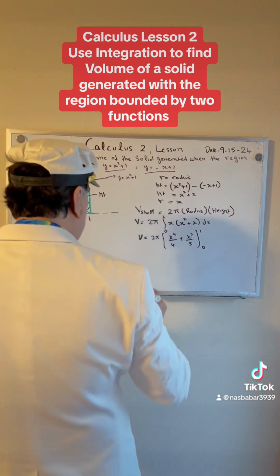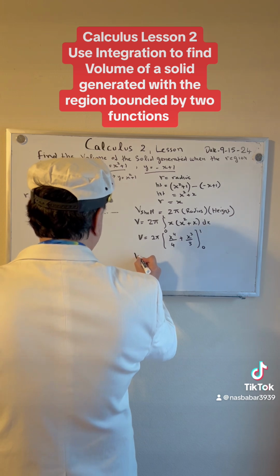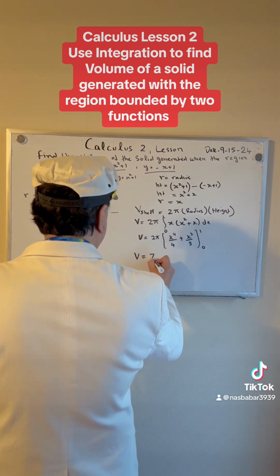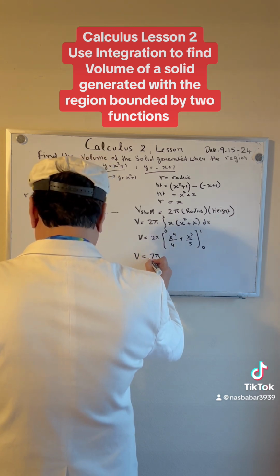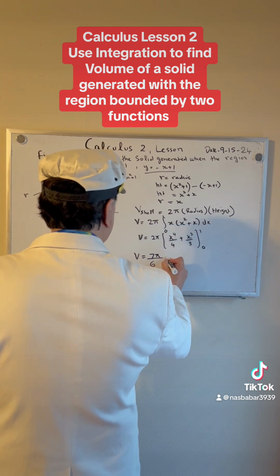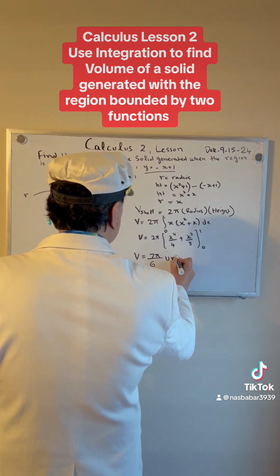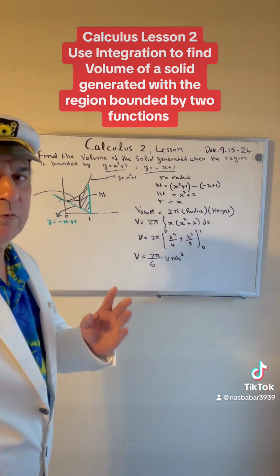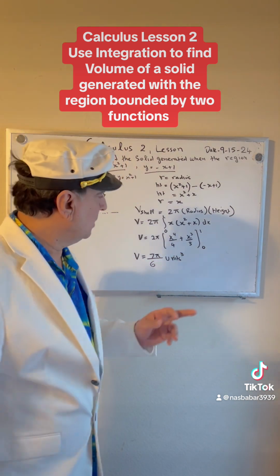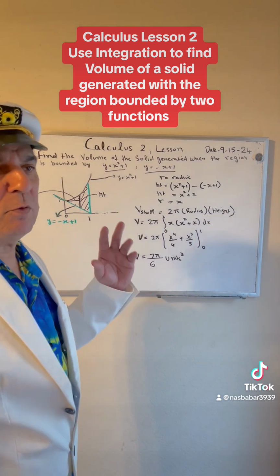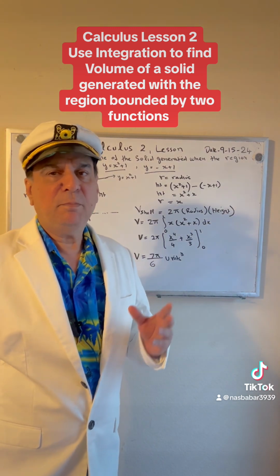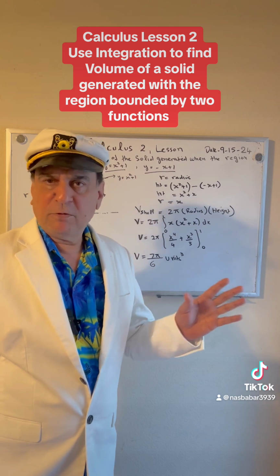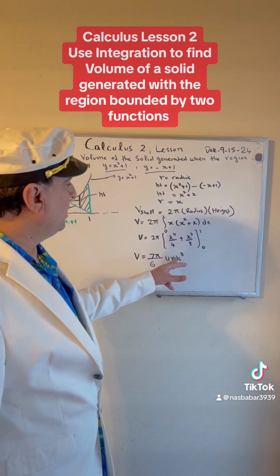Once you do that, you get the volume, which is equal to 7 pi over 6 units cubed. Don't forget to put the cube. Your professor might take some points off because for volume, no matter what the unit is, meter, feet, whatever, you have to put the unit cubed.